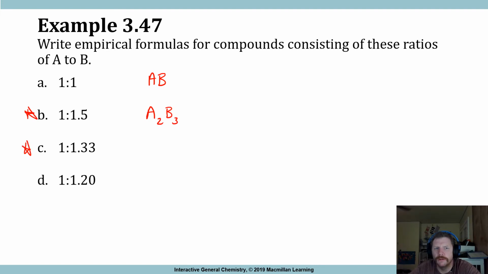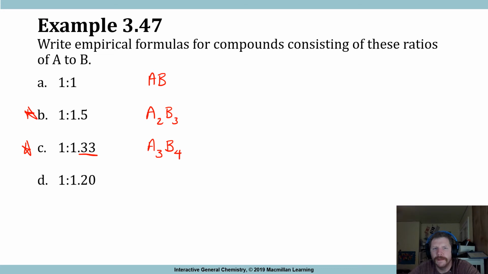C, we've got 1 to 1.33, and this kind of alludes back to that previous slide. Anytime that you see that 0.33, you should be thinking my whole number multiplier is going to be 3, because 0.33 times 3 is 0.99, which basically rounds up. So you're going to multiply each of these by 3. So A3B4.